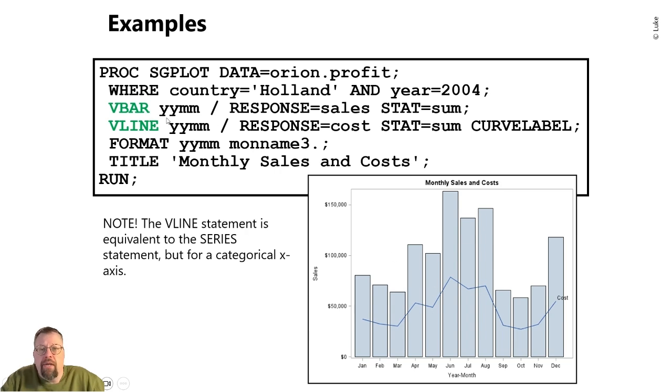And we have the YYMM, so the month information here. That will make it so that there will be a separate bar for each month. And there's also this curve label that will then give us this word cost here, so the name of the variable next to the line.